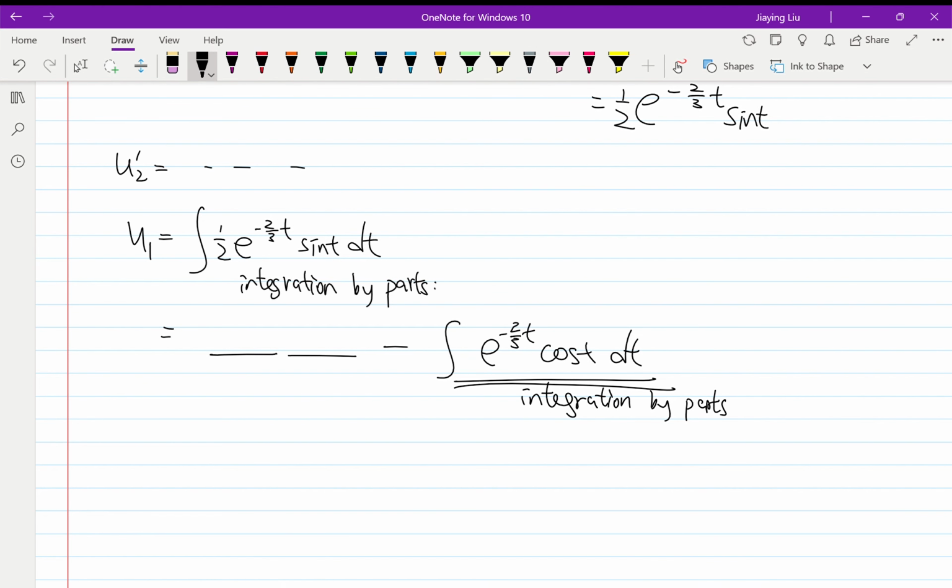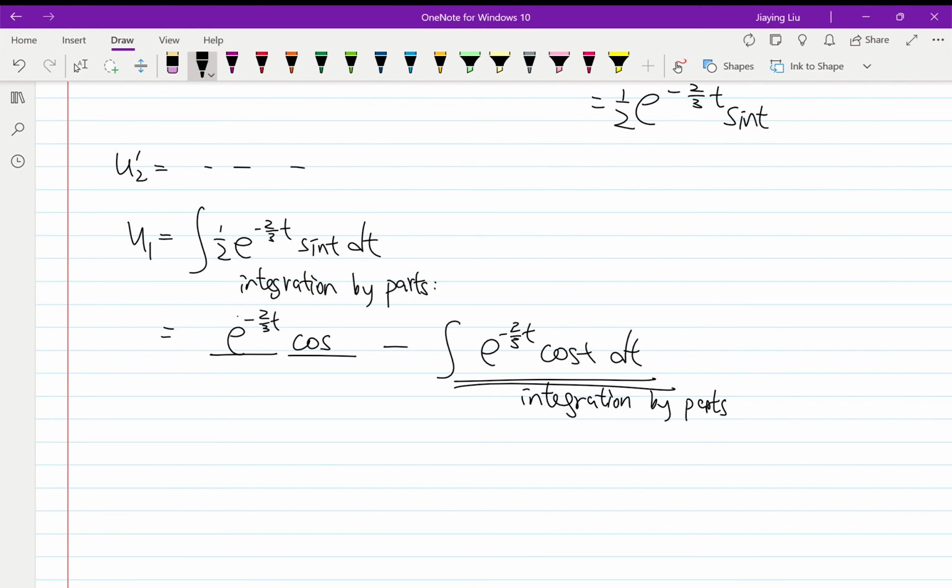So, okay, I'm not writing down the coefficients, so be careful here. There should be some constants in front of it. I'm just not writing it at all. So we have e to the negative 2 over 3t sine. If I integrate sine, I get negative cosine.